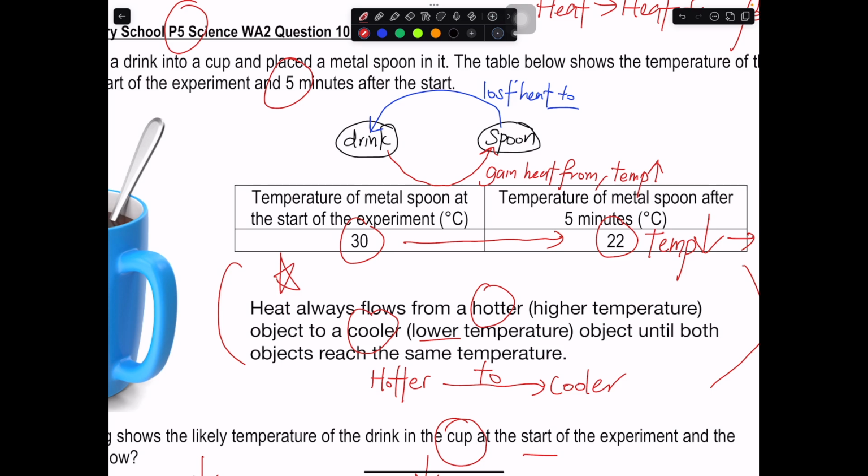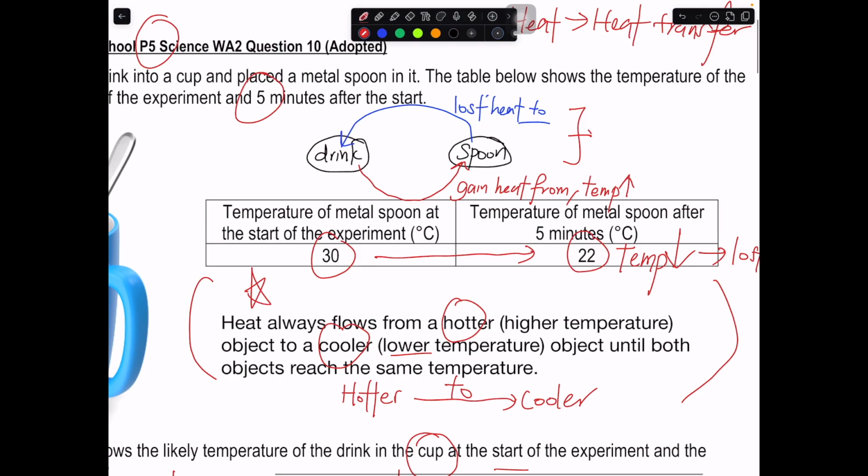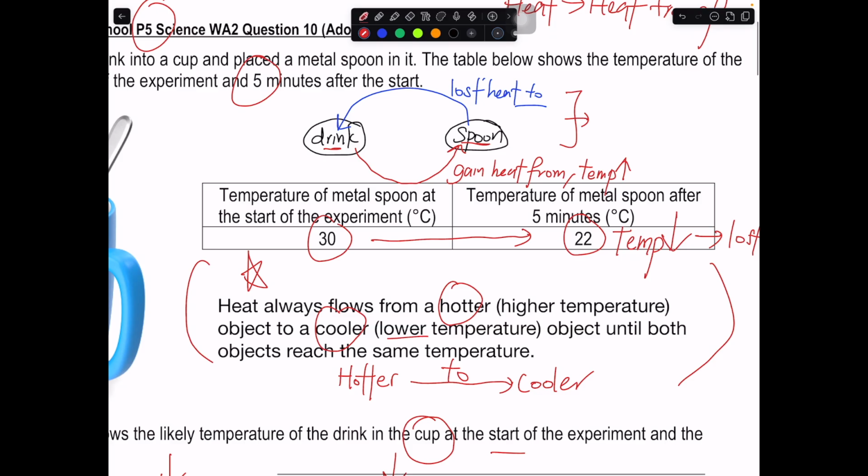So that means the heat flow is from where to where? This gives us evidence that the heat is going from the spoon to the drink, because the drink gains heat from the spoon. So it must tell you that the spoon must be at a higher temperature. Then the drink can gain heat from the spoon.